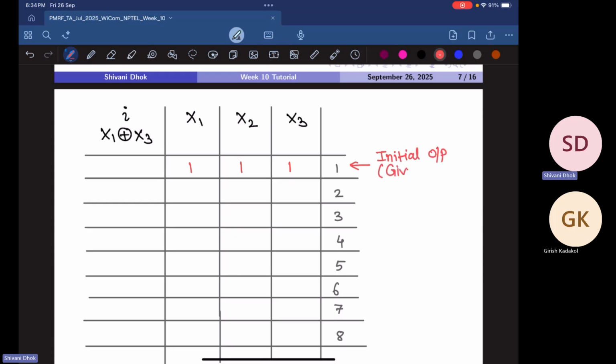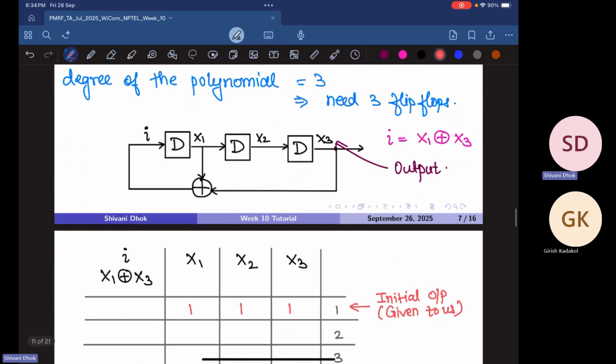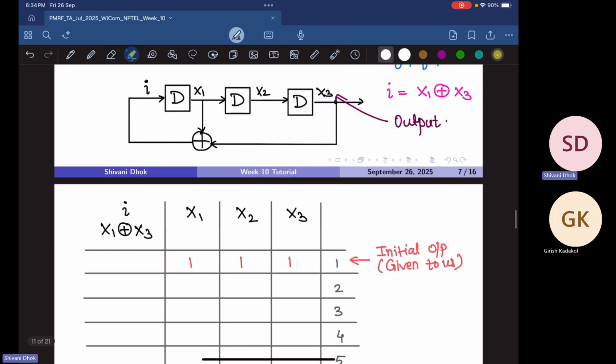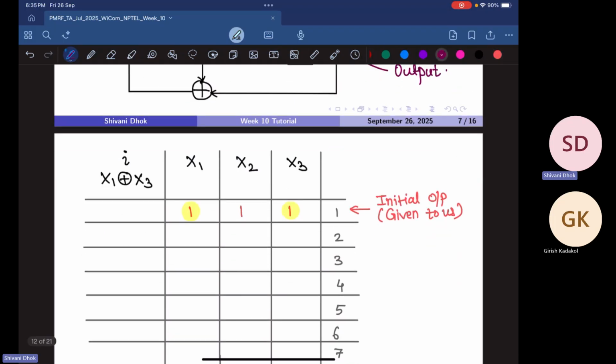For these values of x1, x2, and x3, what will be the value of I? The value of I will be x3 XORed with x1, which is 1 XORed with 1, equal to 0.